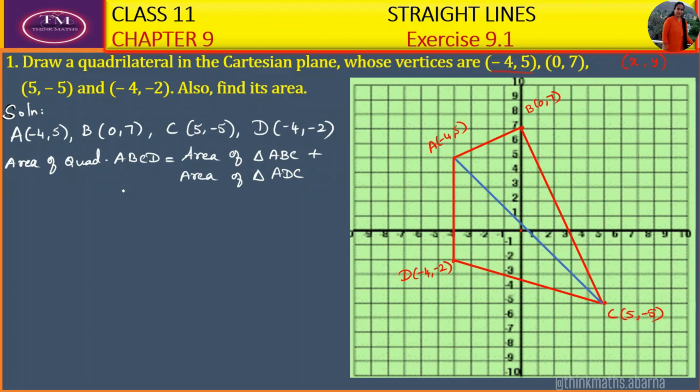We have three coordinates for ABC, so we can easily find it out. Area of triangle ABC is equal to 1 by 2.